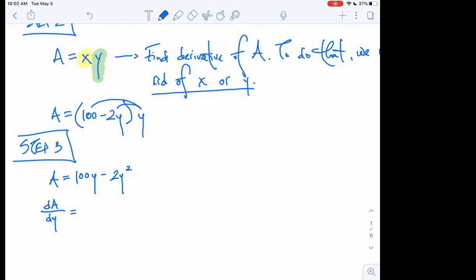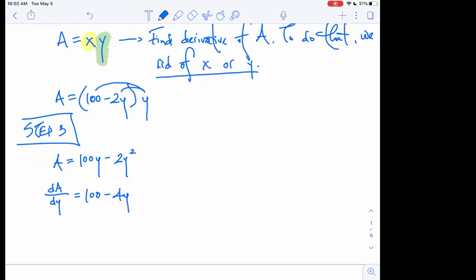And the derivative of 2y squared? 4y, beautiful.